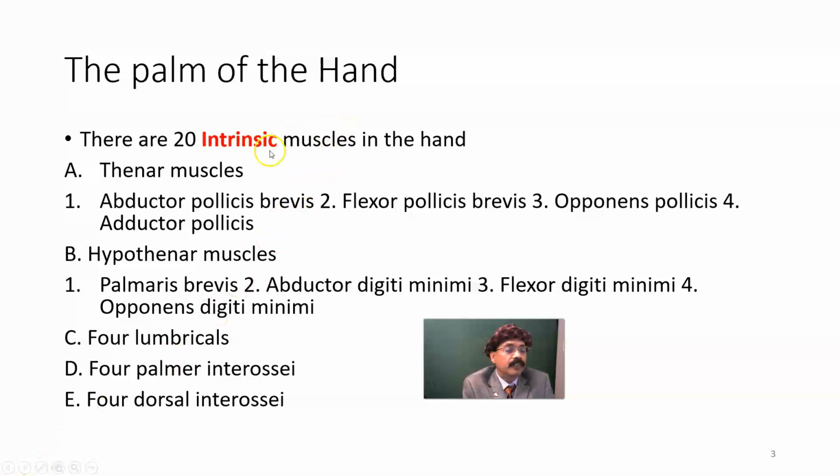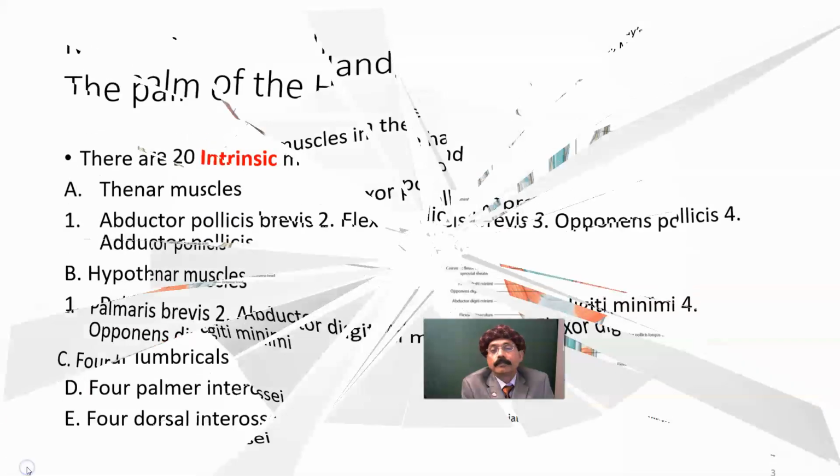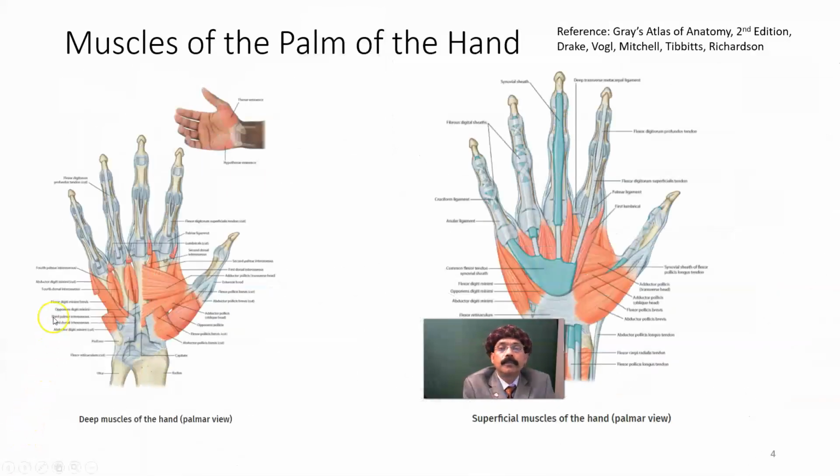In addition to the intrinsic muscles, we have extrinsic muscles, like the long flexor tendons of flexor pollicis longus, flexor digitorum superficialis, and flexor digitorum profundus. So, muscles of the palm of the hand.